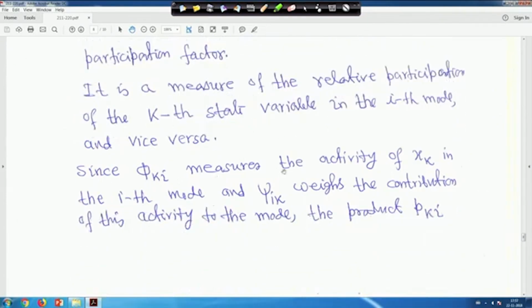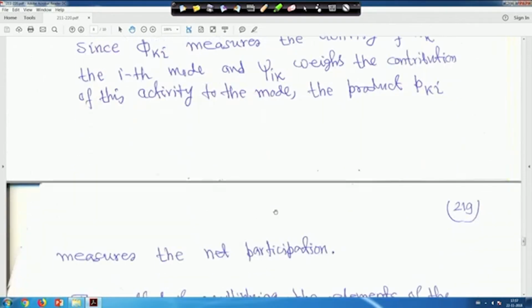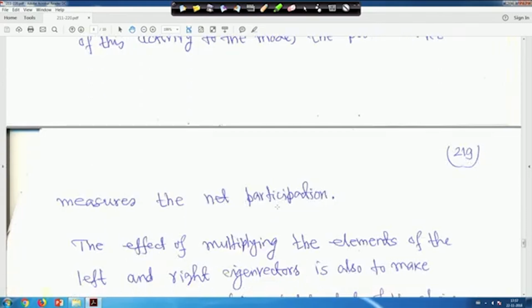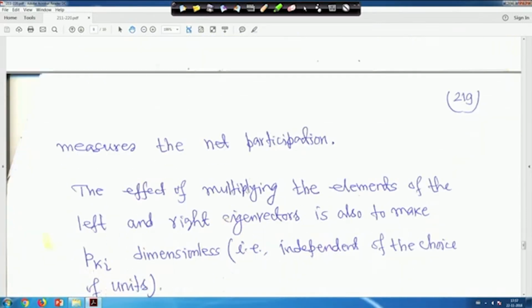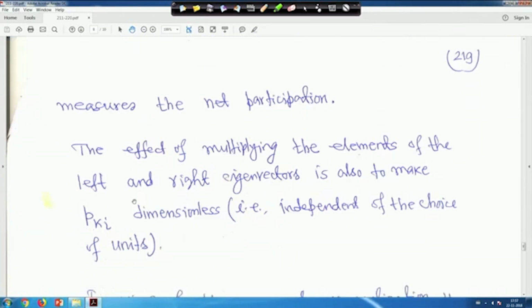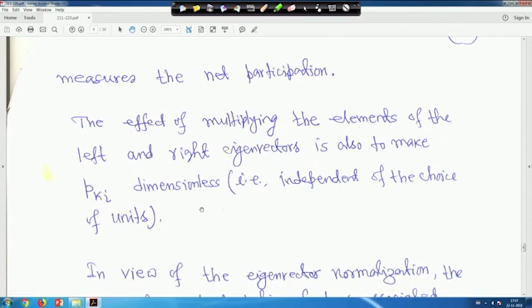Since phi ki measures the activity of x k in the ith mode and psi ik weighs the contribution of this activity to the mode, the product p ki measures the net participation. The effect of multiplying the elements of the left and right eigenvectors is also to make p ki dimensionless, that is, independent of the choice of unit.